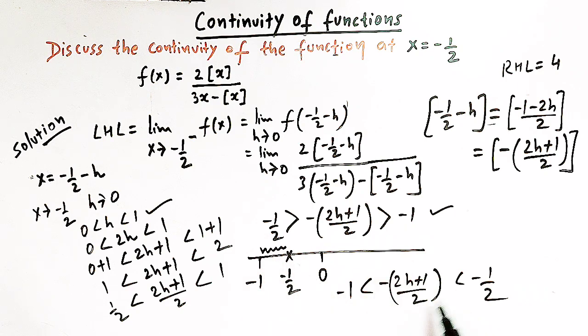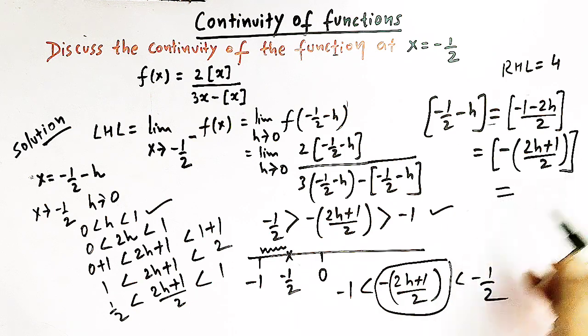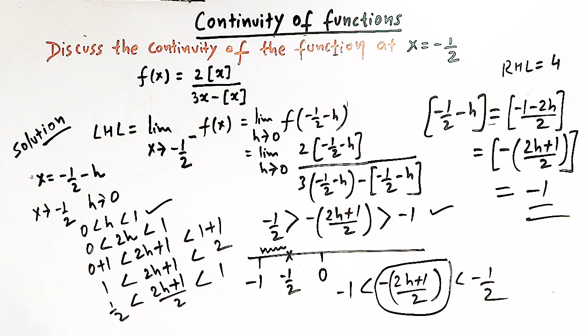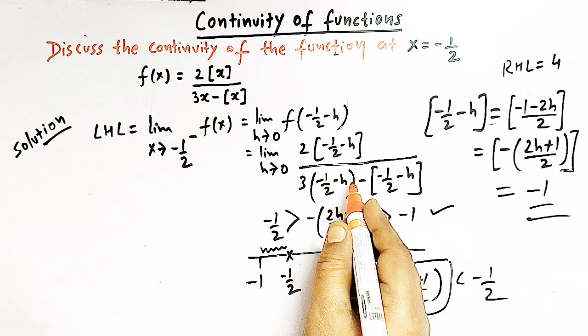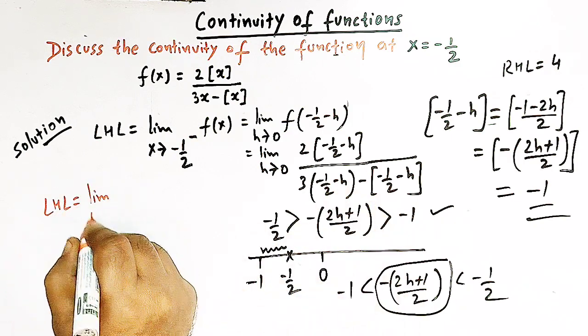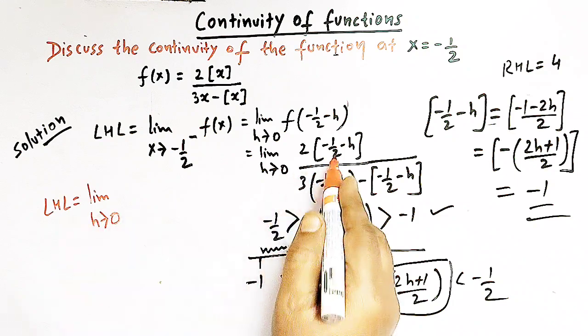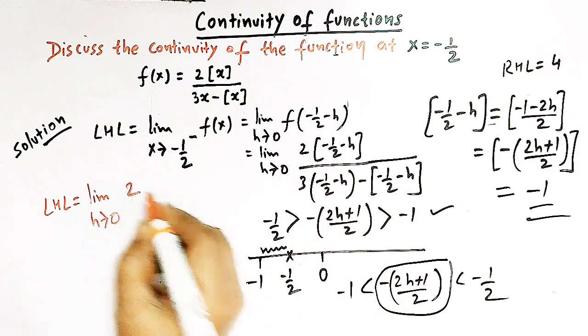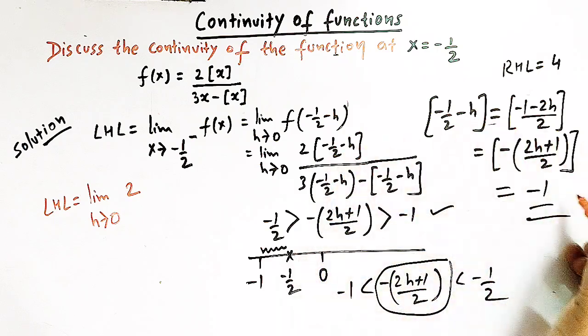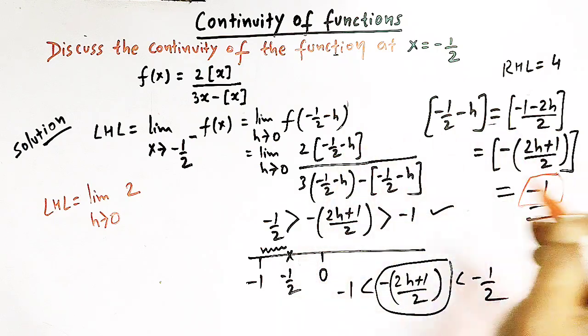So the greatest integer of this quantity should be equal to minus 1, right, from the definition of greatest integer function. So now we can write this limit as limit h tends to 0, and here we have 2 times greatest integer of minus half minus h, that is equal to minus 1.